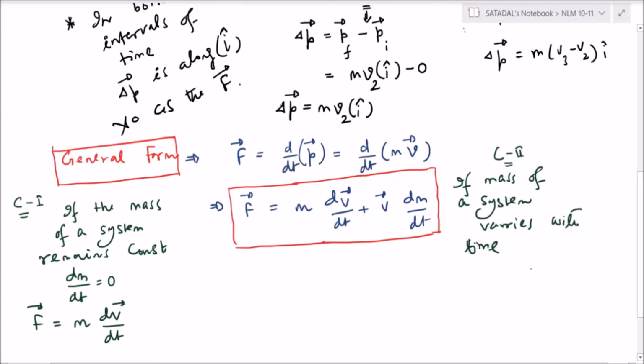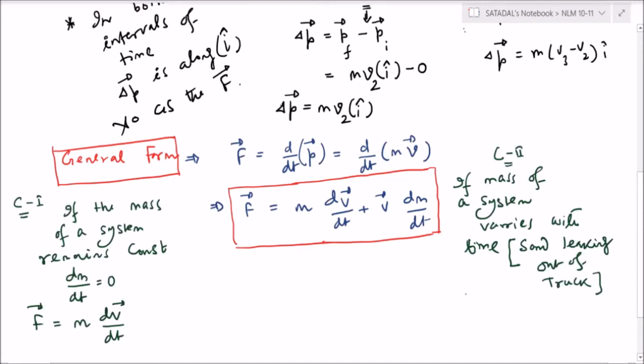What is a relativistic change of mass? I'm not talking about that. But as an example, I can write sand leaking out of truck. So their mass keeps on changing with respect to time. As the distance covered, the total sand laden in the truck will keep on changing.